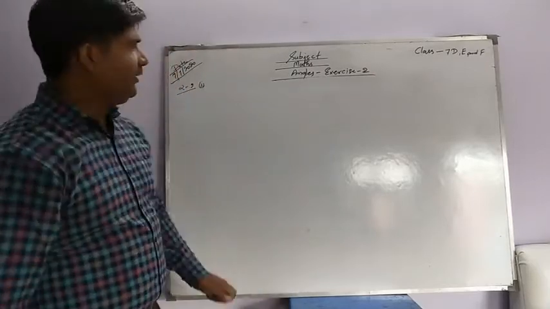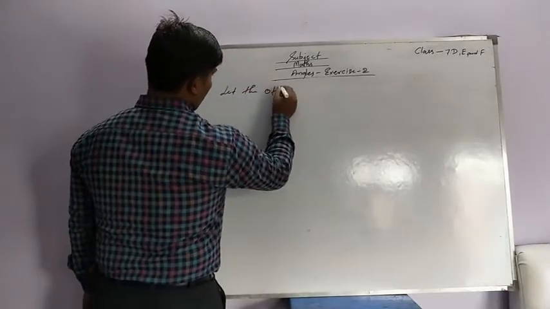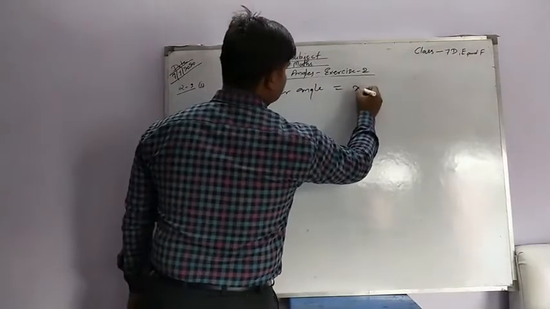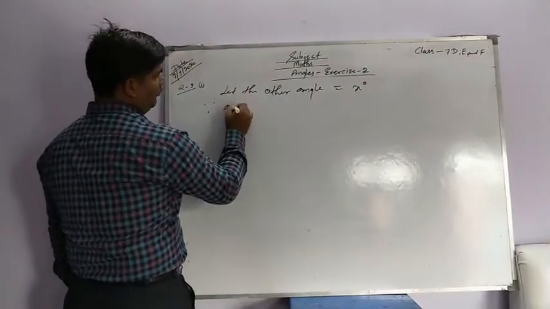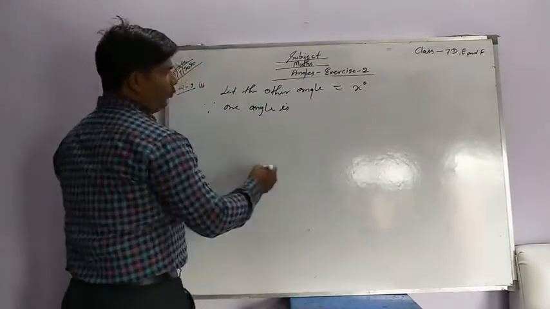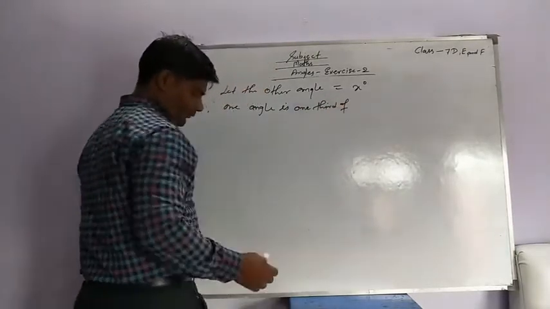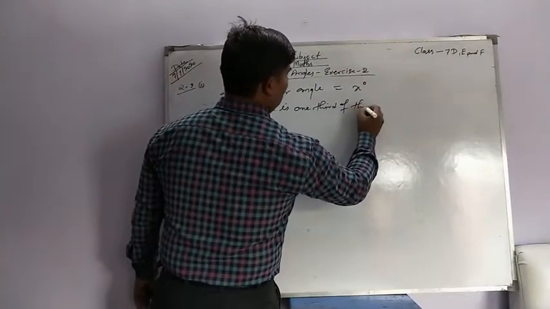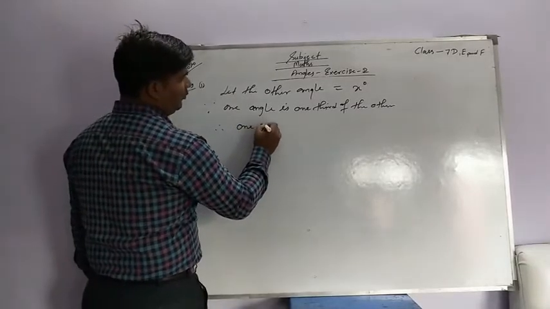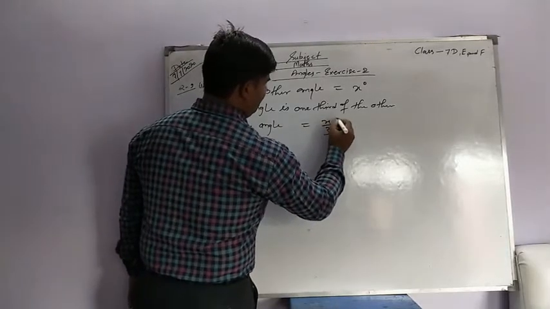Okay, so look here, what we do, let the other angle be equal to x degree. Since one angle is 1/3 of the other, therefore the one angle is equal to x upon 3 degree.